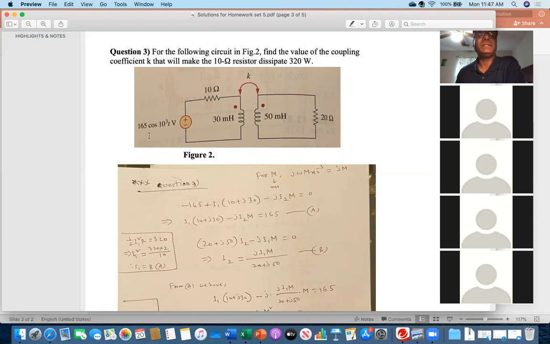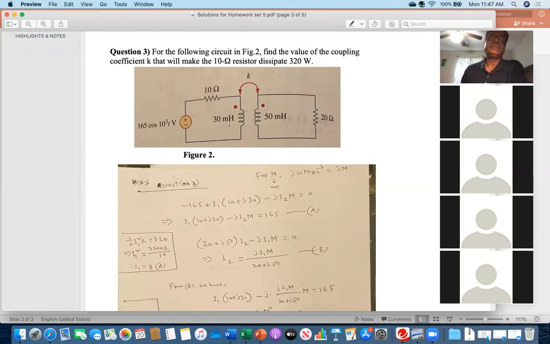Everybody see the voltage expression 165 cosine of omega t, so omega is 10 to the power 3. If you multiply by 10 to the power 3, the 10 to the power 3 and 10 to the power minus 3 cancel, and then jM. So for the mutual reactance term, it will be jM, assuming M is in millihenry.